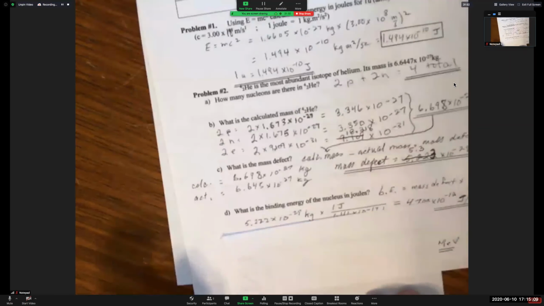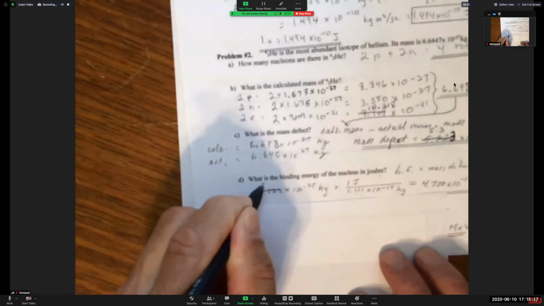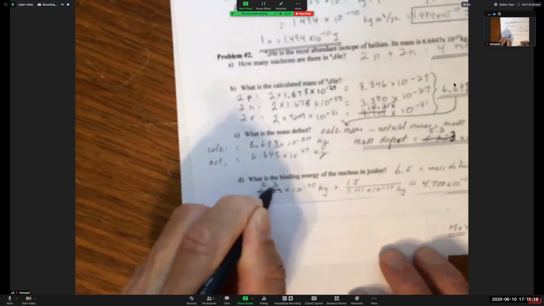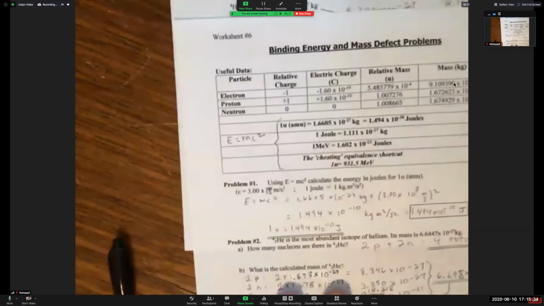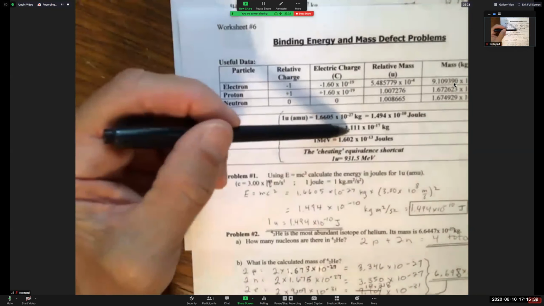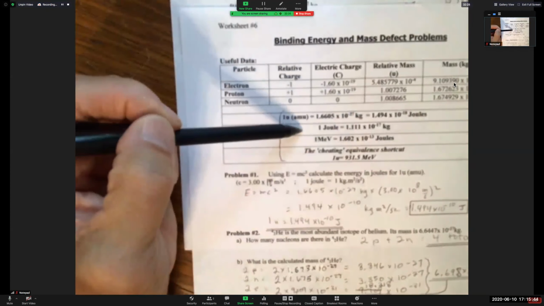So what is the binding energy of the nucleus in joules? So I have to change this to 5.3. And we multiply it times our conversion factor of joules to kilograms that we can find up above here. So let's go back up to the top to this special table that's so important in these kind of calculations. 1 joule is 1.11 times 10 to the minus 17 kilograms.